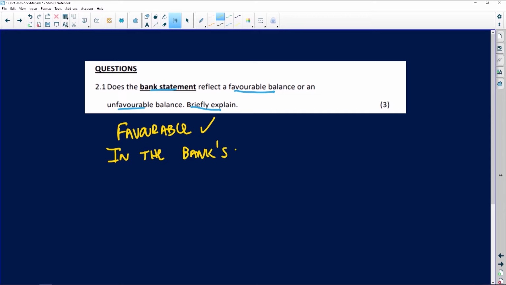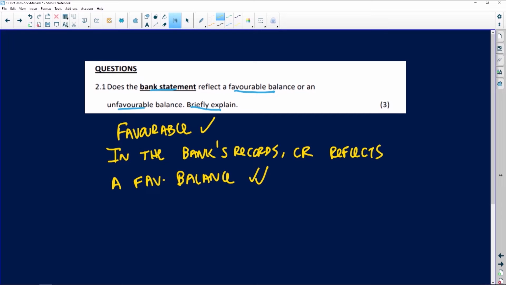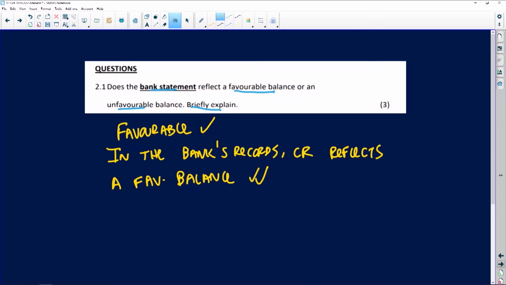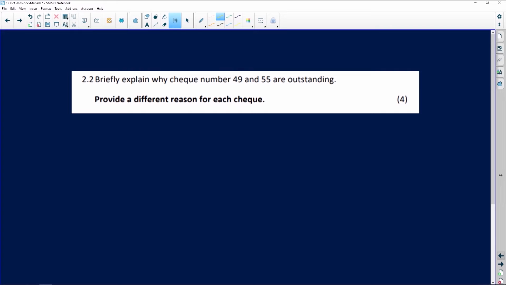So in the bank's records, remember it's external, credit reflects a favorable balance. And clearly they are telling us that there is a credit balance. So quite straightforward. Again, just make sure you don't mix up the credit and the debit and you confuse our records to the bank's records. Bank statement prepared by the bank. Right, let's now move on to our next question.